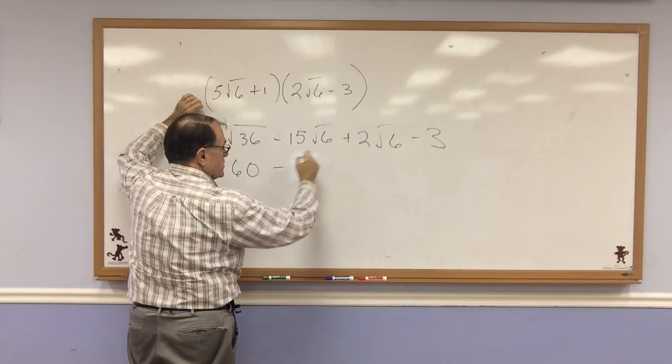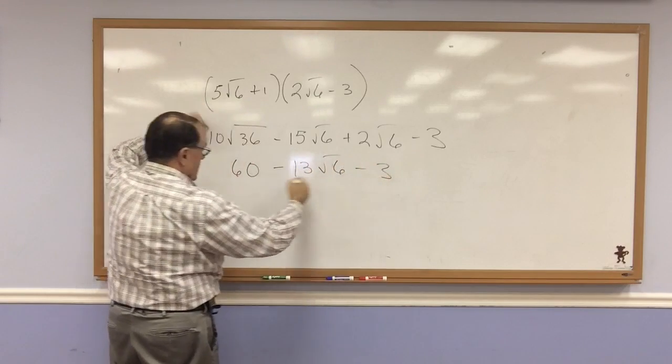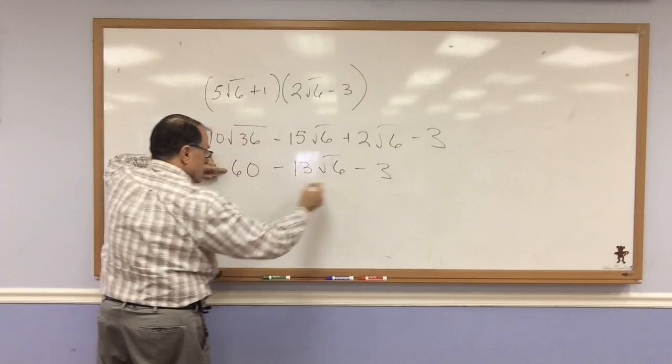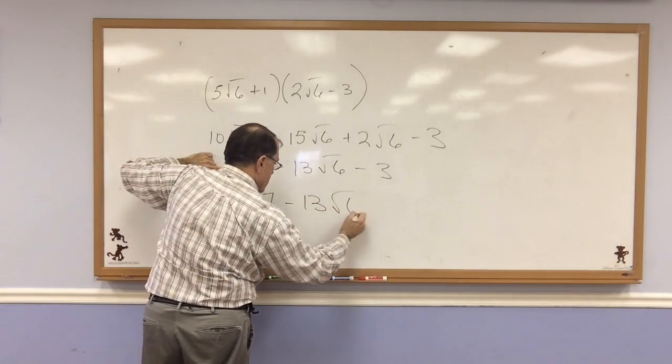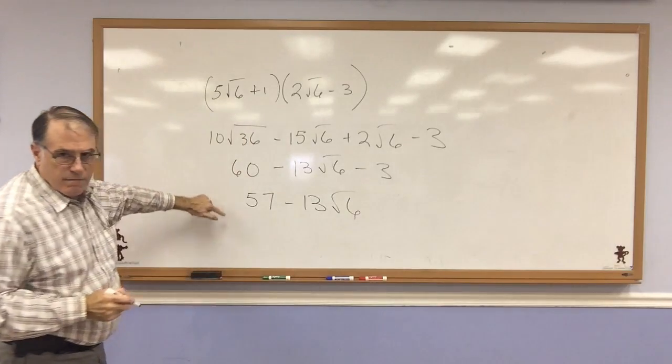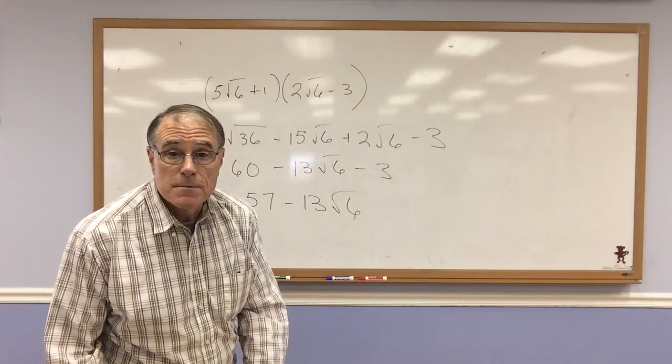Minus 15 plus 2 minus 13, root 6 minus 3. And finally, 60 minus 3, 57 minus 13, root 6.